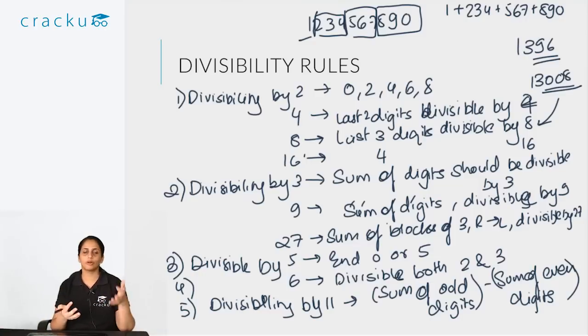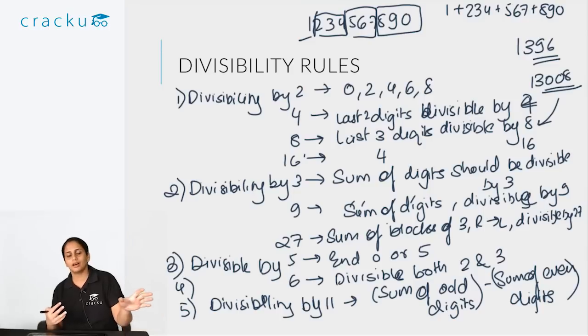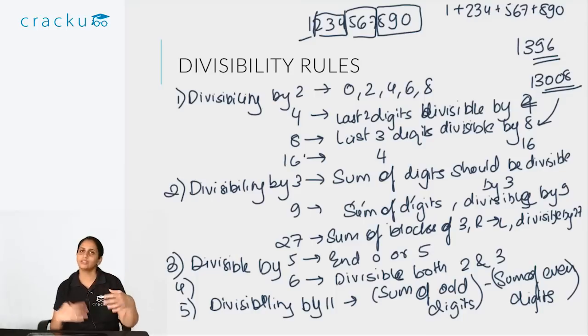Then you have to remember that it has to be divisible by 5, and therefore it has to end in 0 or 5, and then it has to be divisible by 11. So the sum of odd digits minus the sum of even digits should be divisible by 11. From that you get an expression or an equation, and using that you can count the number of possible cases where that rule is satisfied.